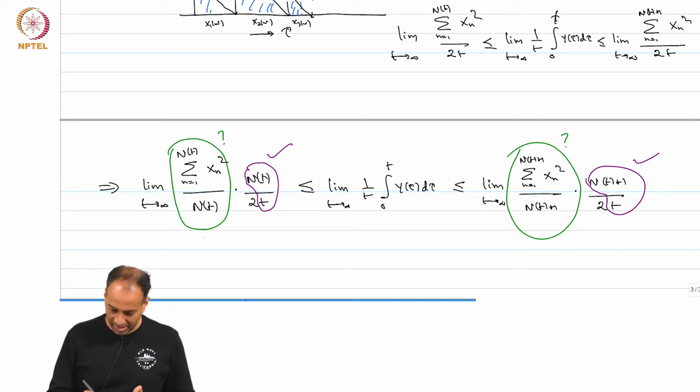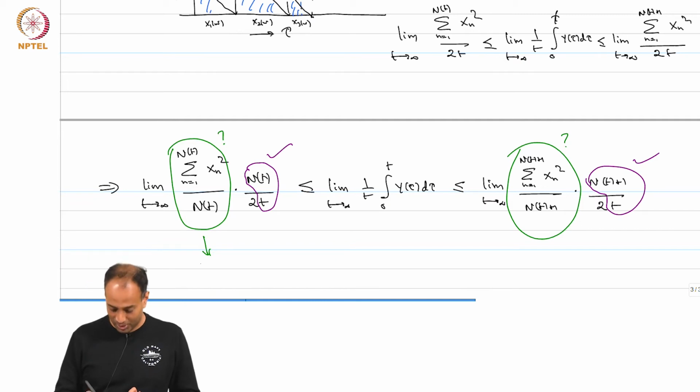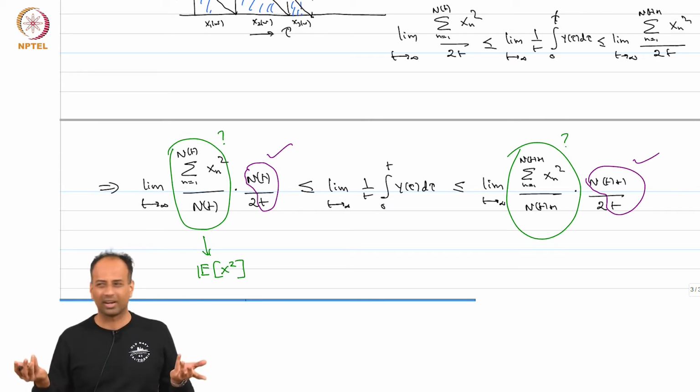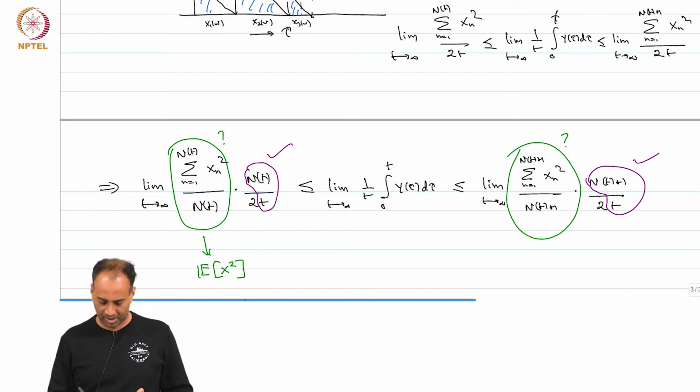So, this term will converge to what? You would think that this should converge to the expectation of X_i squared, which is just the expectation of X squared, the second moment of these inter-arrival times, almost surely.